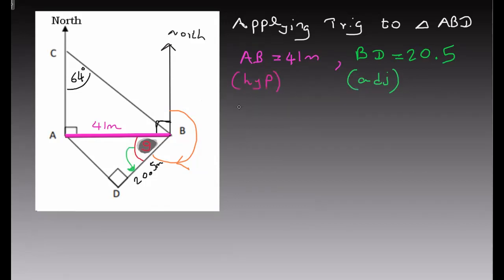So what's the easy way to remember the definitions of each ratio? SOH CAH TOA. Sine is opposite over hypotenuse, cosine is adjacent over hypotenuse, and tan is opposite over adjacent. All right. So we're looking for a ratio which has H and A. Which ratio has H and A?